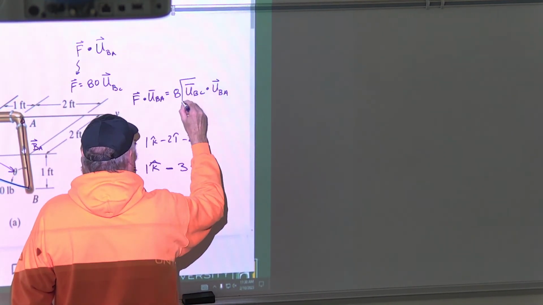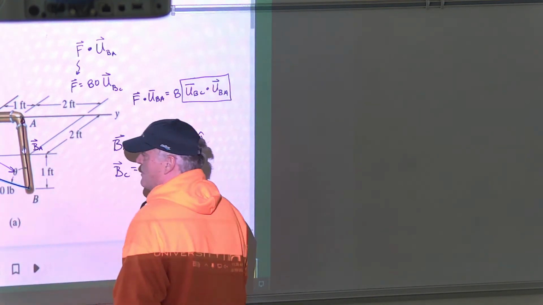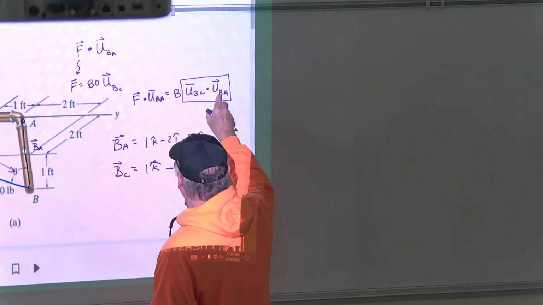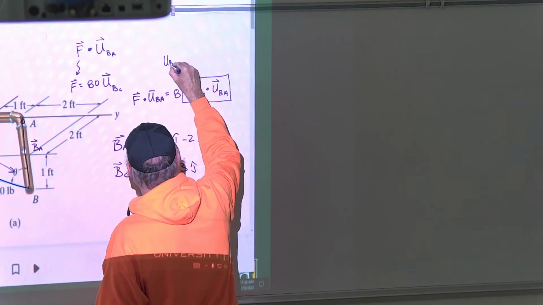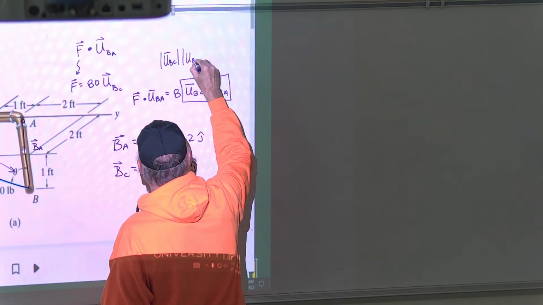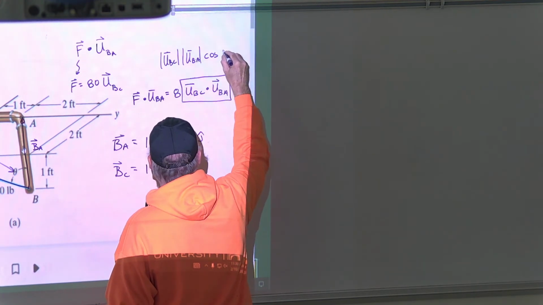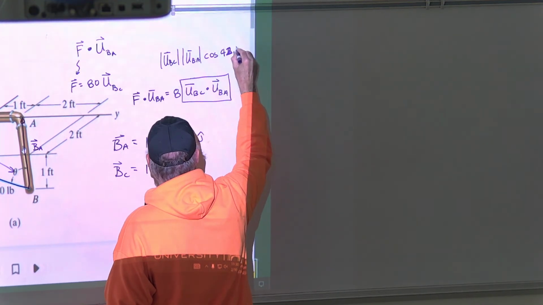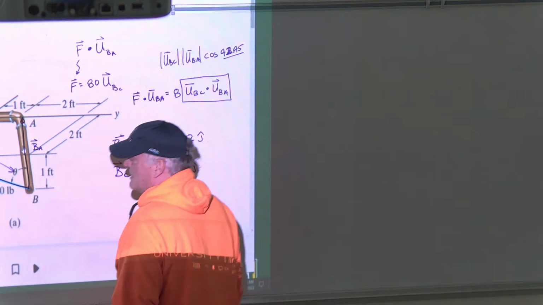Now, if I dot those two vectors, what you find is the magnitude of the unit vector BC, the magnitude of UBA, and the cosine of the angle between them, 42.45. Why? Because that's what that is.